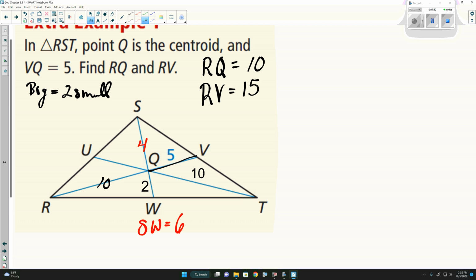So UQ would be 5, because QT is the bigger length that goes from the centroid to the vertex, and UT would be 15. Questions on this here? Are you ready for the next one?